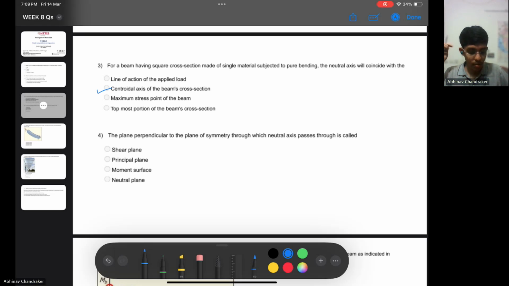You can understand it by looking at the derivation of how we get epsilon x equal to minus dou phi by dou s into y.